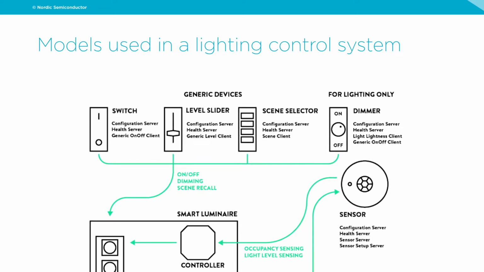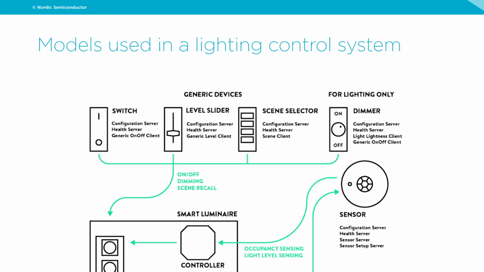Let's see some examples here. There's a light switch, which has a configuration server, which you use to configure it, and a health server, which will publish its current health. This is how you monitor if your systems are working as they should, or if you need to change the battery, or if it's malfunctioning, and so on.